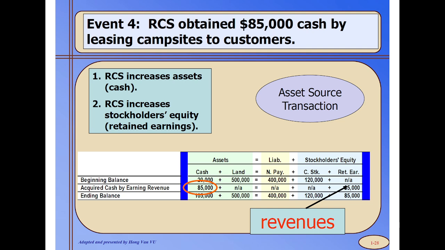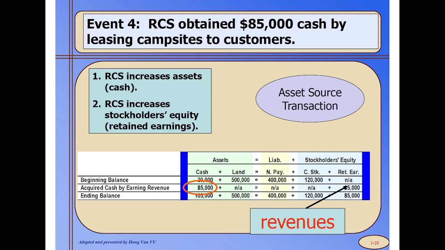This kind of transaction we call an asset source transaction, as the assets came from the profitable operation.